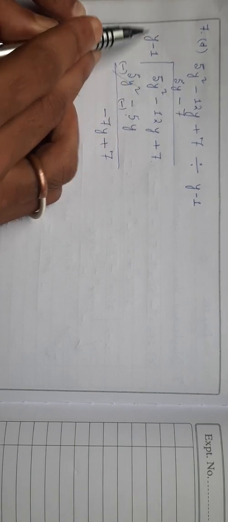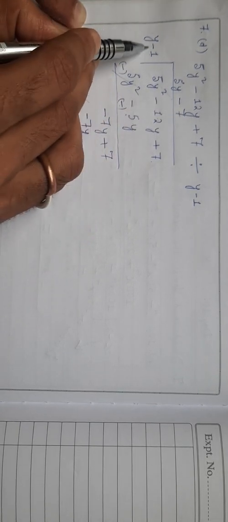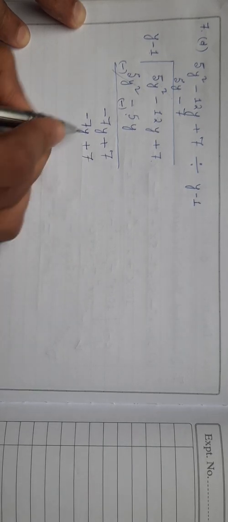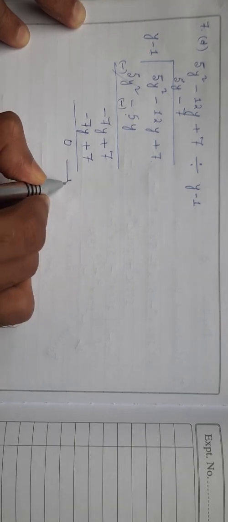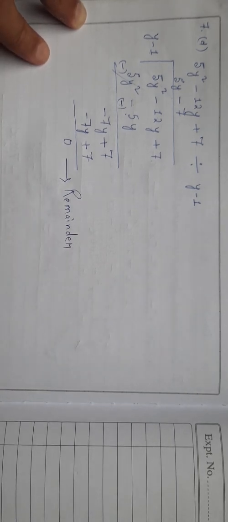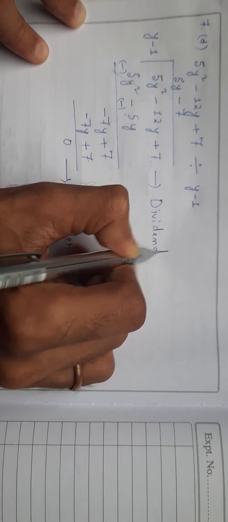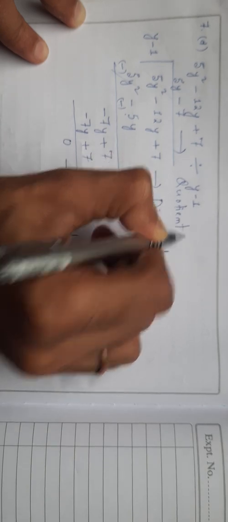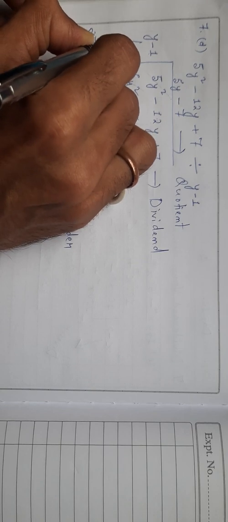So minus 7 into y is minus 7y, and minus 7 into minus 1 is plus 7. So we find that here the remainder is 0. As usual, this is our dividend, this is the quotient, this is the divisor.